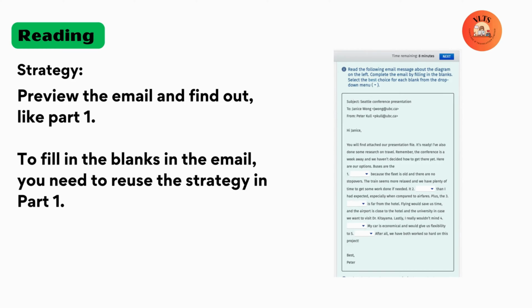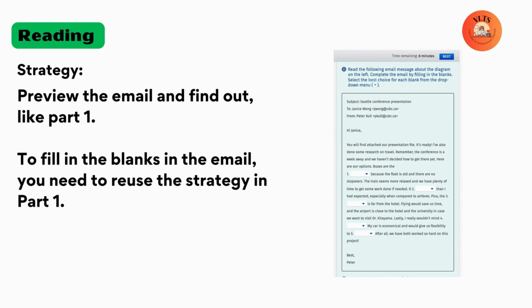In part 2, as you know, in the question section, we have an email that has some blank spaces, usually 5 blank spaces that you need to find answers from the picture or diagram and then go to the next section.